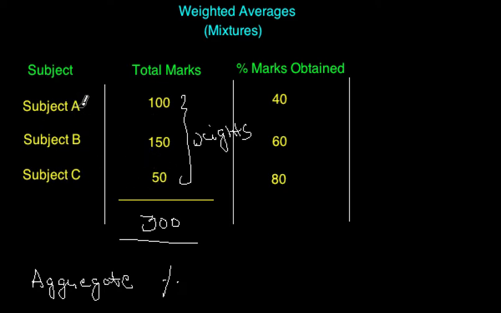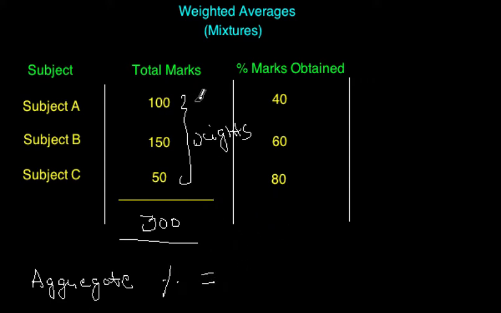Basically this means that A is more important than subject C, and A will have more weightage in the aggregate percentage than subject C. Similarly, subject B will have the highest weightage in the aggregate percentage, more than subject A and subject C.